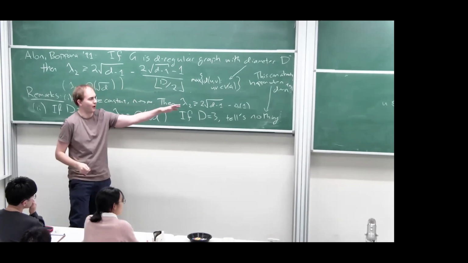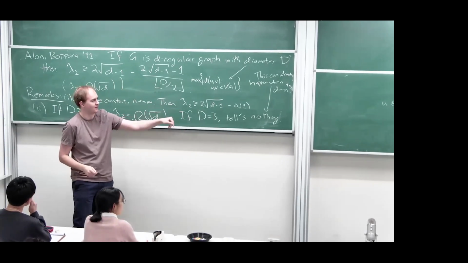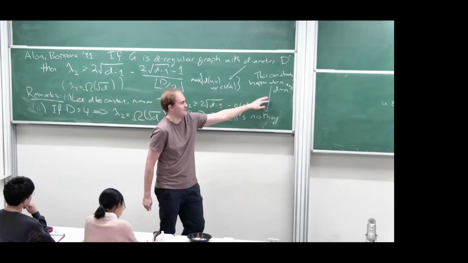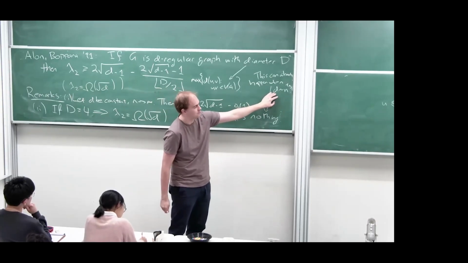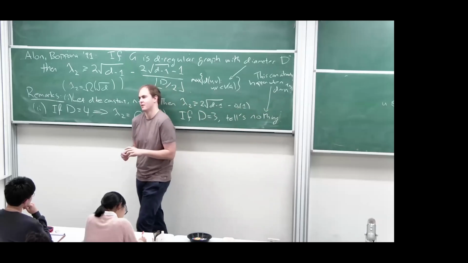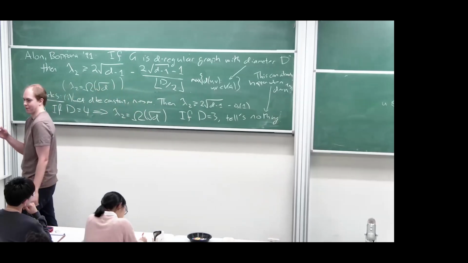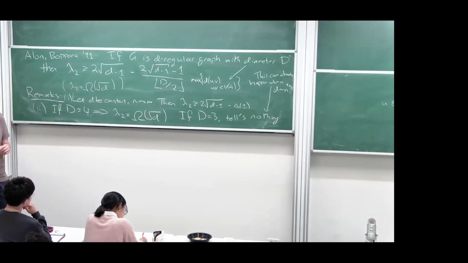But that also sketches a proof of why this is a natural barrier, because when d is roughly n to the 1/3, the log base d of n is roughly 3, which is where it breaks down.